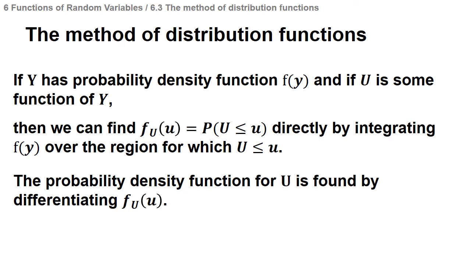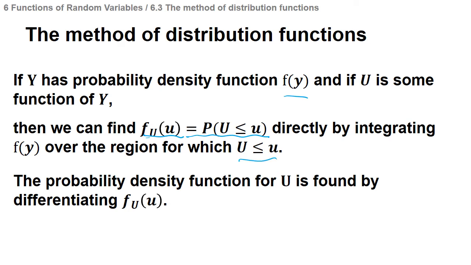In chapter 6.3, we are going to learn about the method of distribution functions. If Y has a probability density function f_Y, and if U is some function of Y, then we can find F_U, the distribution function, P(U less than or equal to small u), directly by integrating f_Y over the region for which U is less than or equal to u.